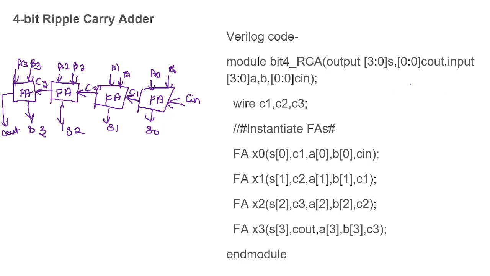Yes. So the Verilog code will be: first we define the output ports, which are 4 bits, S 3 down to 0, and then C out, which is a 1-bit output, and the inputs are a 4-bit A, a 4-bit B, and a 1-bit C in, and 3 wires C1, C2, and C3.